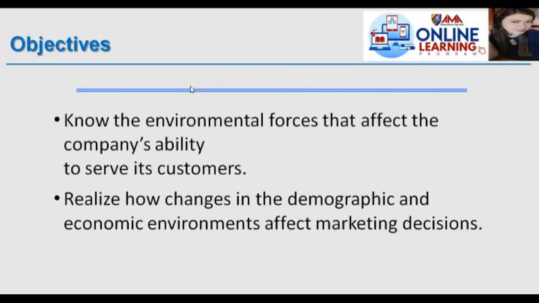Okay, so our objectives. The first one: know the environmental forces that affect the company's ability to serve its customers. Realize how changes in the demographic and economic environments affect marketing decisions.